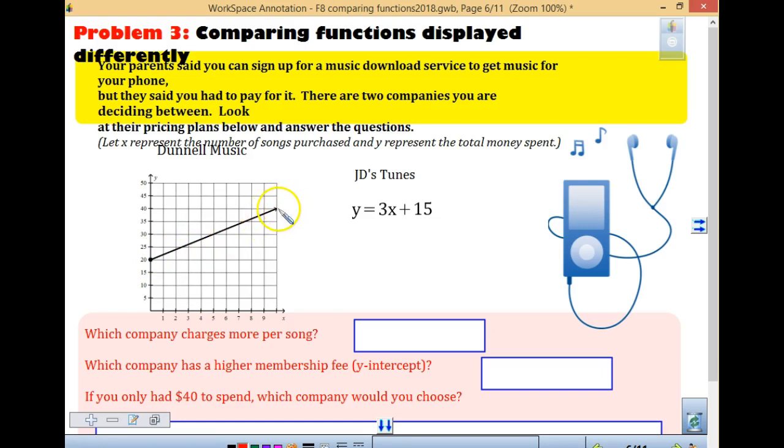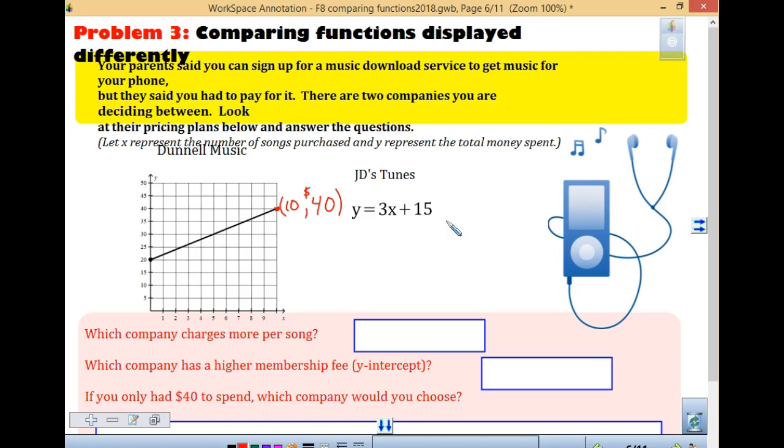And you can see that by the time you have 10 songs, so if we are looking at this point, at 10 songs, it costs us how much? $40, right? Here the equation is y equals 3x plus 15. So it says which company charges more per song.